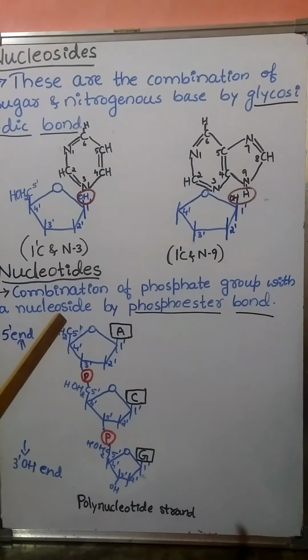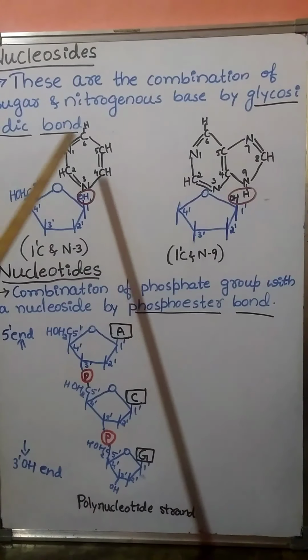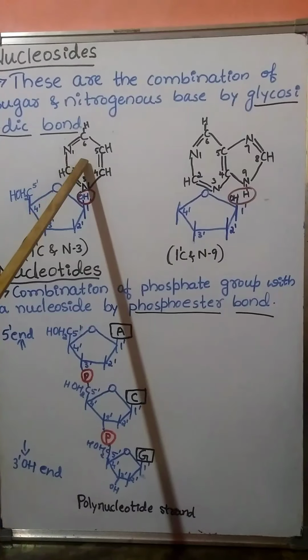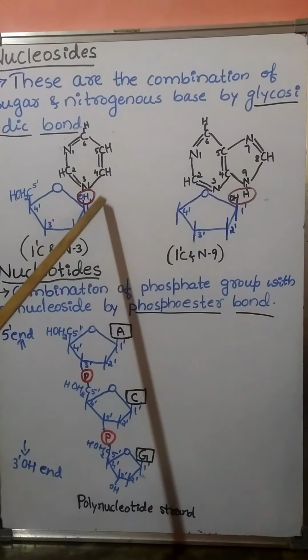In case of DNA, two different types of nitrogenous bases, pyrimidines and purines, are present. The attachment of pyrimidine to the pentose sugar takes place like this.